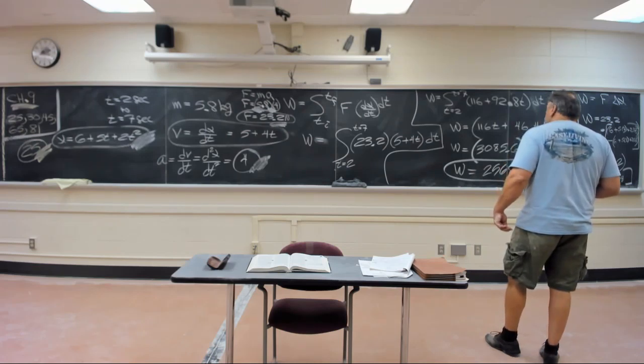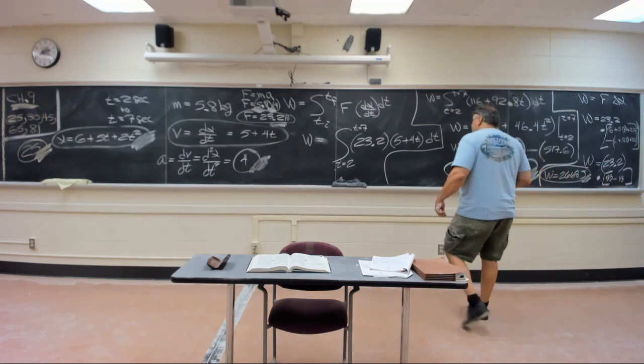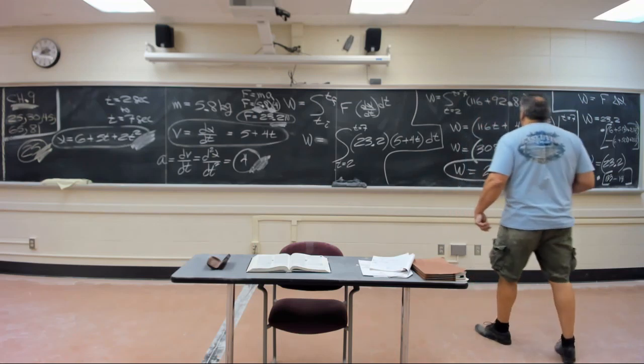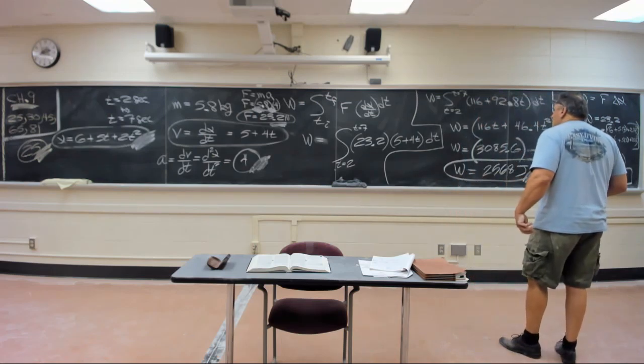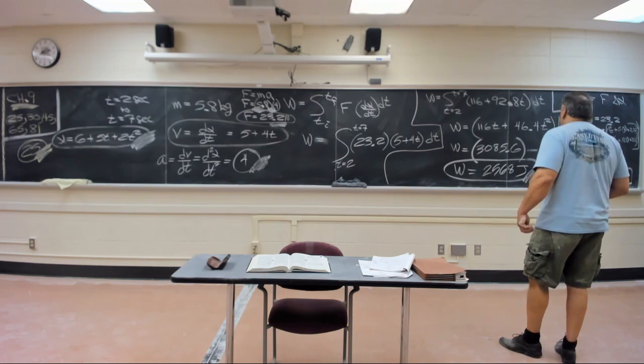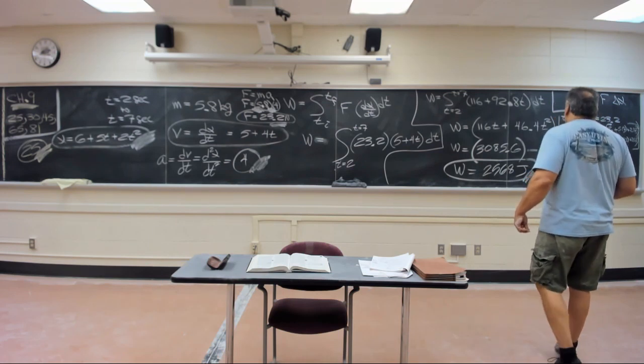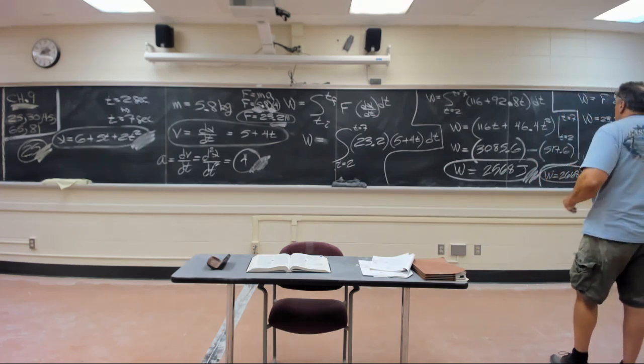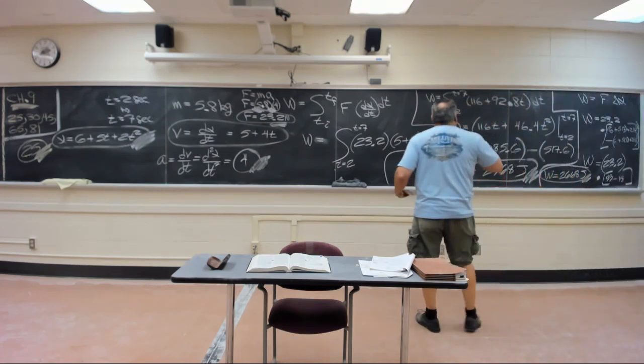So 5t times 116t is going to be 46.4 t squared. So that still should not have done it, but maybe it did. There might have been a problem right here, guys.